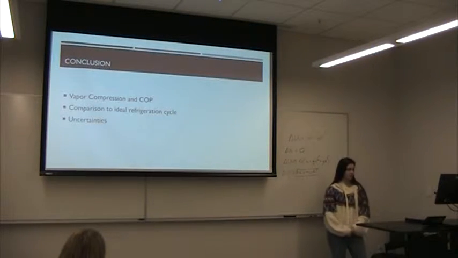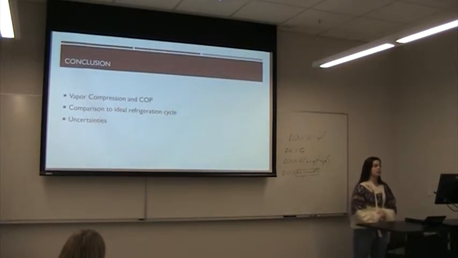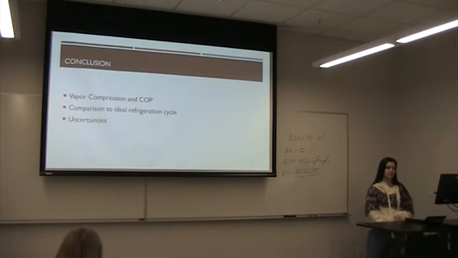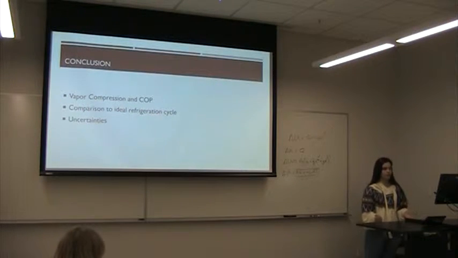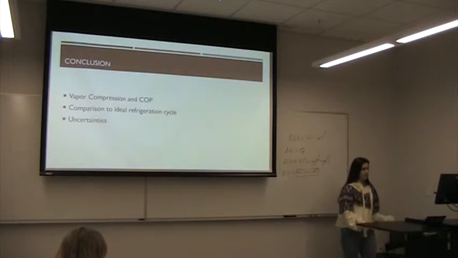In comparison from our refrigeration cycle to our ideal cycle, we found that there are a few changes, but not too many that we should be concerned about. And in our coefficient of performance, we found that it was about 3.4, and before, our group leader said that it was going to be about 3.